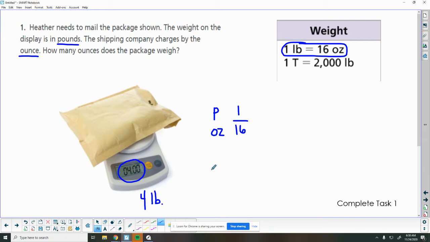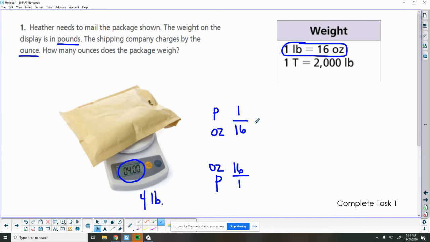And you can write this the other way as well. I'll do that down here. I'll put ounces on top and pounds on the bottom. I know that 16 ounces is 1 pound. So either way, we can use these proportion problems and these rates to help us set up this problem. So I know that 1 pound is 16 ounces, or 16 ounces is a pound.